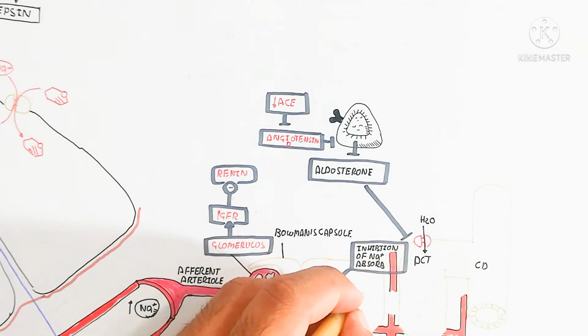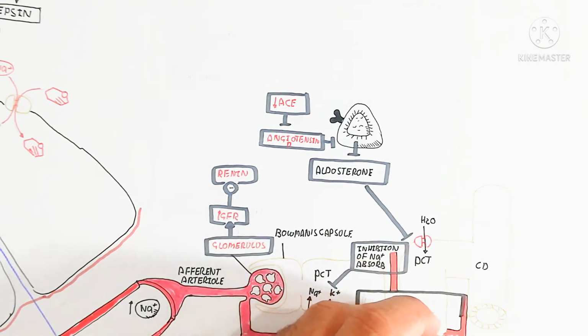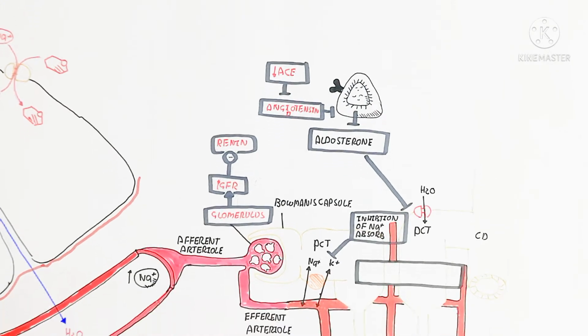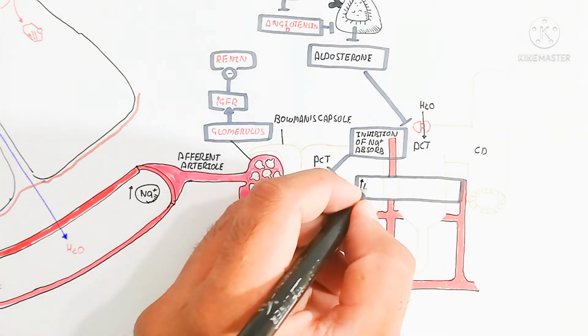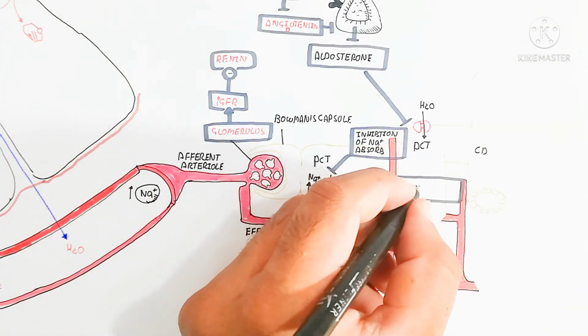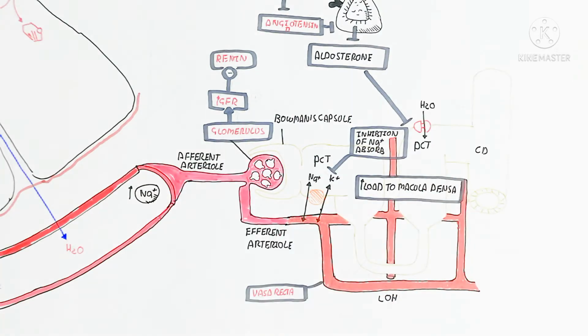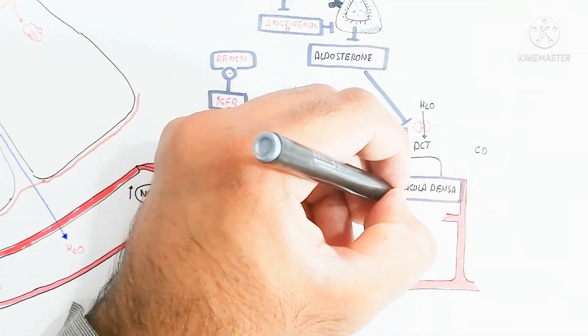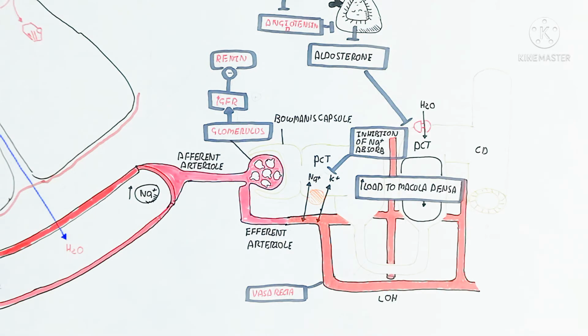So the decreased aldosterone will also inhibit the aquaporin channel in the distal convoluted tubule, so reabsorption of the water will not be possible. Why? Because the aquaporin channel will be inhibited by the decrease of the aldosterone.